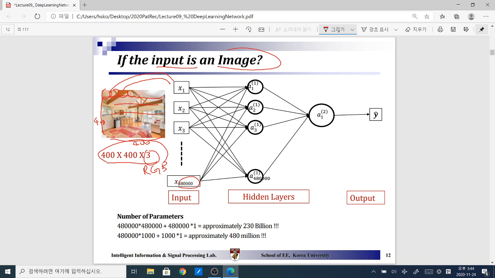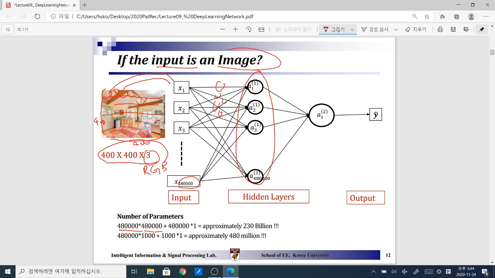And suppose now we have an identical number of neurons at the hidden layer. Just like the way we've done for the previous slide, we have to count all these connecting weights. Then that would be 480,000 times 480,000.